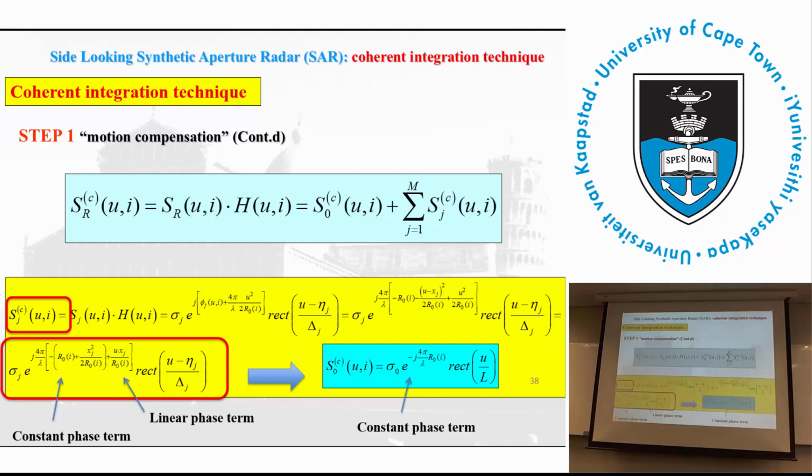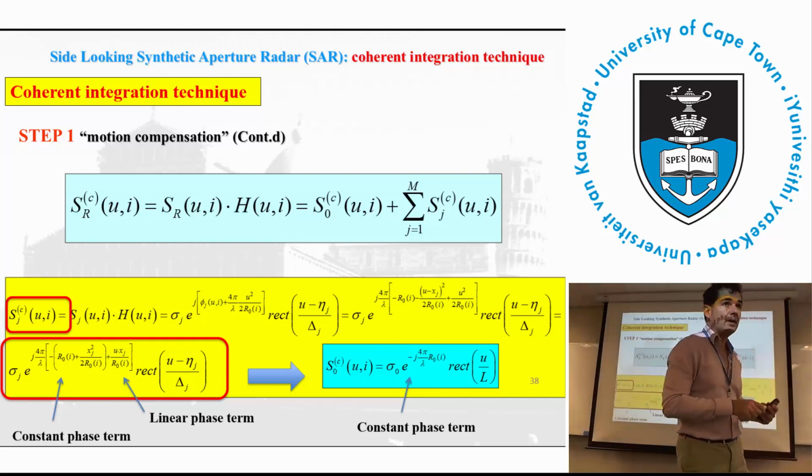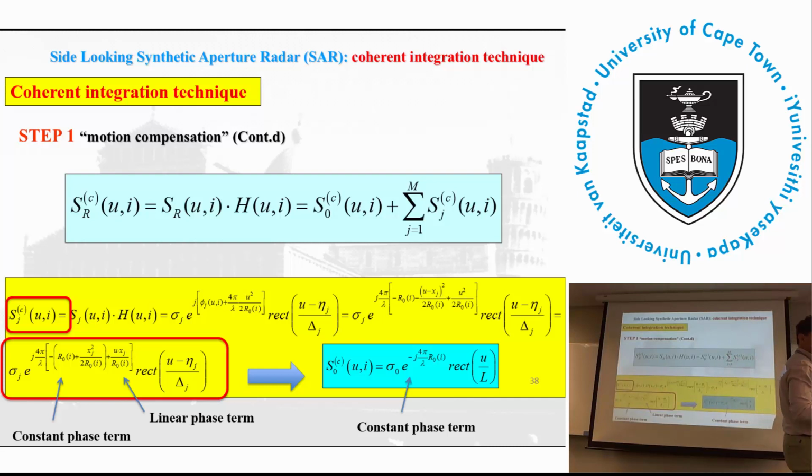So any oscillation, any complex oscillation, e to the j 2 pi ft, can be represented by a phasor. The velocity with which this phasor rotates depends on that particular f.